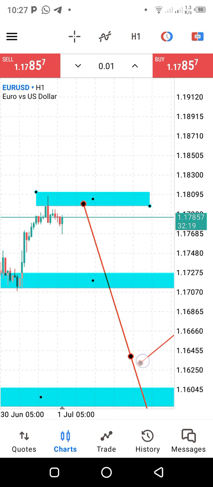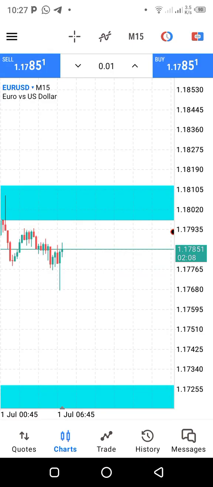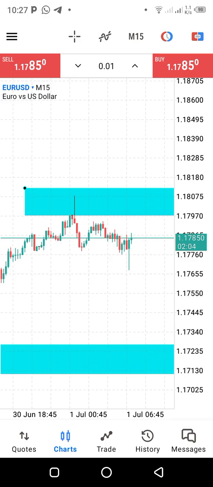So price made a drop base drop, so I'll have to wait a bit for some more confirmation. But sincerely speaking, price was printing higher highs and higher lows from around this region here.